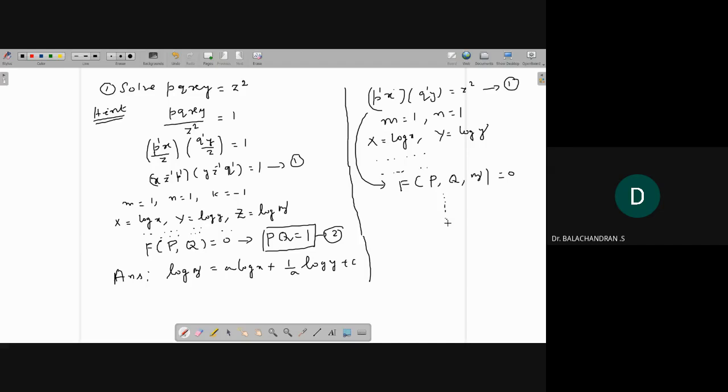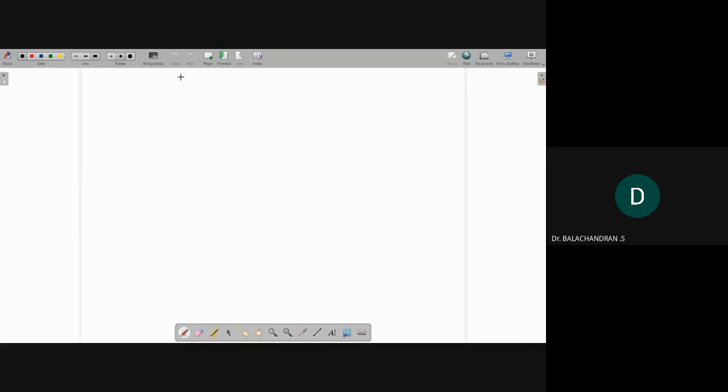This is type 4, and you will not get the same answer, but you will get a different answer, but that is also correct. So this is a method. You should try to solve this problem. If you have any doubts, you can ask in the group.